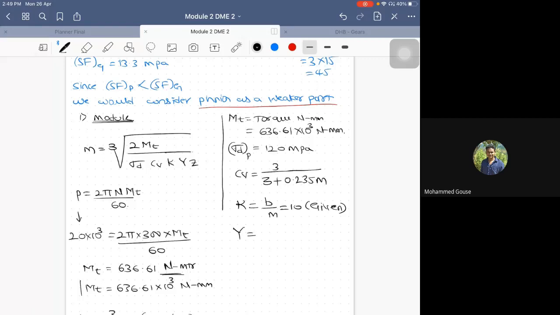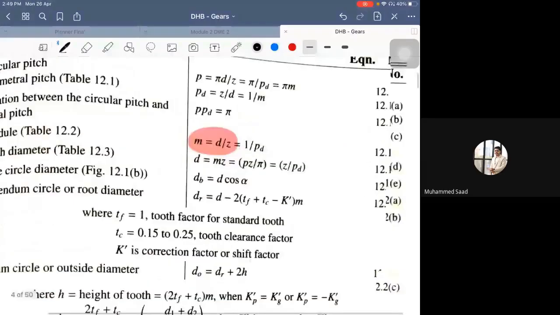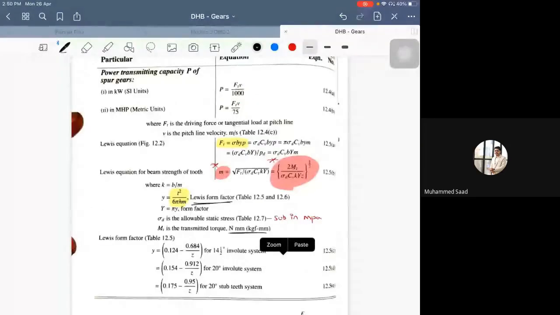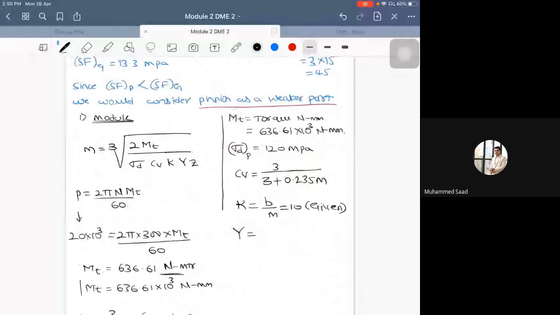What is this capital Y? Just look into the data handbook. Capital Y and small y. 5 times of y. Okay, good. So it is nothing but 5 times the form factor. So it is 5 times the y you have calculated for the pinion, I guess, right?